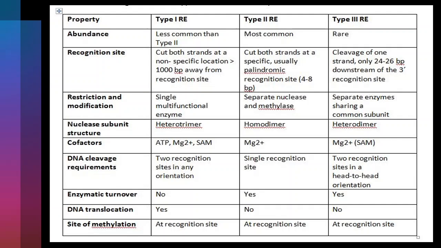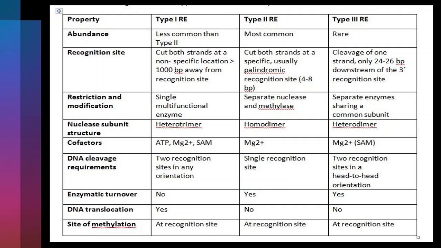Here I have pasted a picture for clear understanding of the types of restriction enzymes. Here you can see type 1 restriction enzymes are common, but not as much as type 2 restriction enzymes, and these cut both strands at a non-specific location 1000 base pairs away from the recognition site.